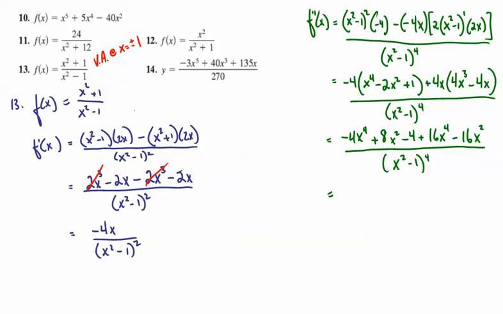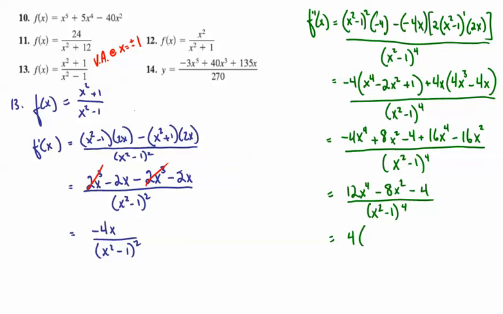The algebra, the multiplication, the arithmetic is so critical in all of this. It really requires painstaking accuracy. So we have 12x to the fourth power, then minus 8x squared and minus 4 over x squared minus 1 to the fourth power.